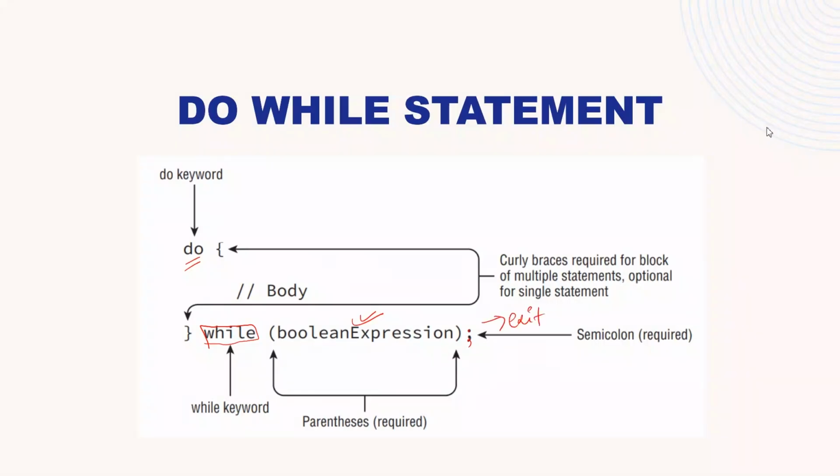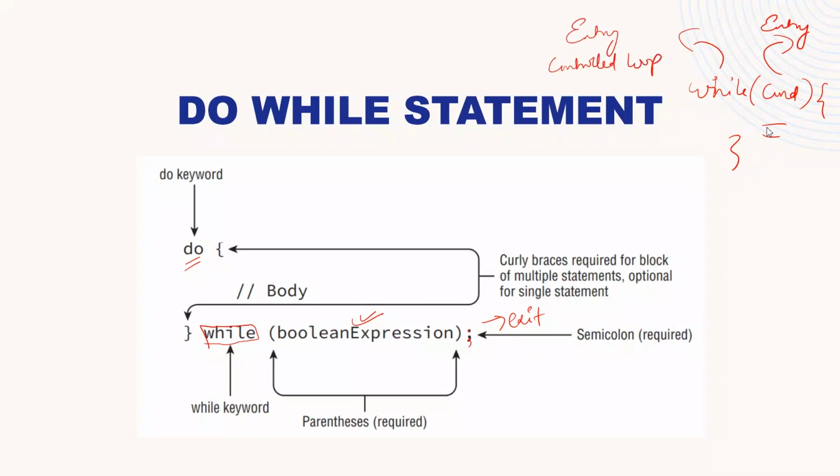If you remember, the while loop checks on entry: while condition, and then we go inside the loop. That is why the while loop is known as an entry controlled loop, and the do while is known as an exit controlled loop.